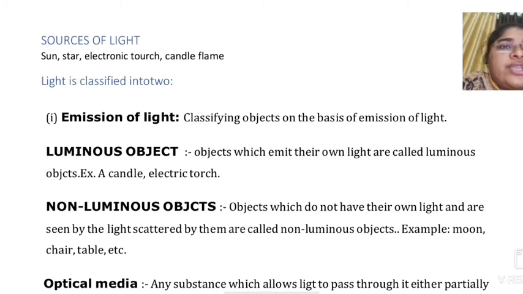Next, student, we already learned that objects are classified into two types on the basis of emission of light: luminous objects and non-luminous objects. Luminous objects are objects which emit their own light.